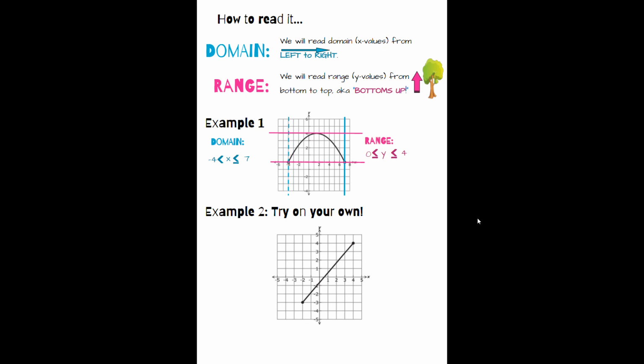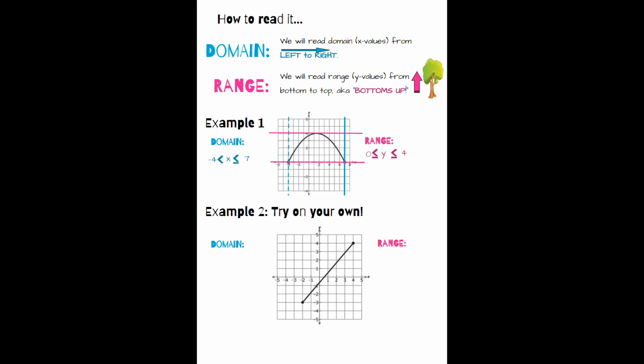So if you are struggling and you want to do a couple more examples with me, I'd be more than happy to. So once again, remember, I'm looking for the domain and range. Now, you won't be able to write on this, so I'll do a little screenshot of just this portion so that it will be on the slide.